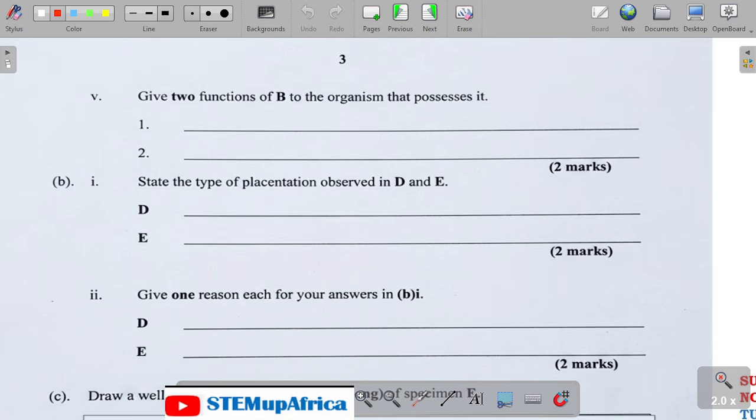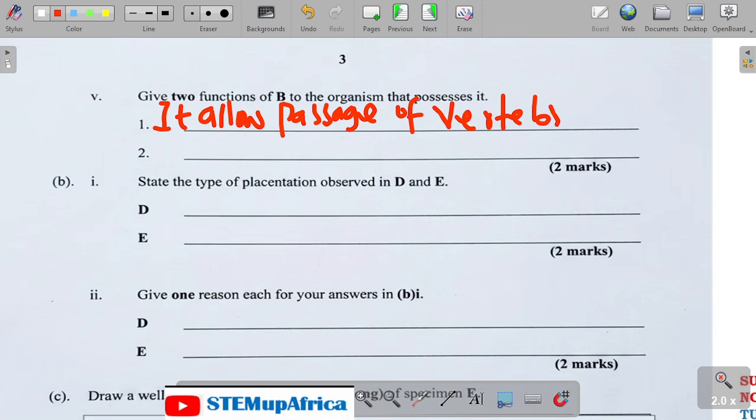It allows passage of vertebral artery and vein. You can also include the vein.